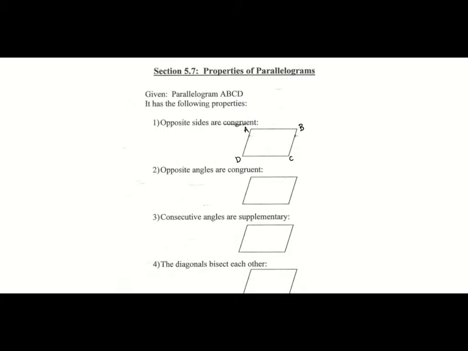So if we are given that our figure ABCD here is a parallelogram, then we know it has the following properties. The first is that the opposite sides are congruent. So that means that this segment AD and BC are congruent. And the segment CD and AB are congruent.